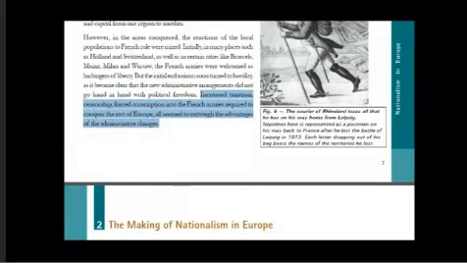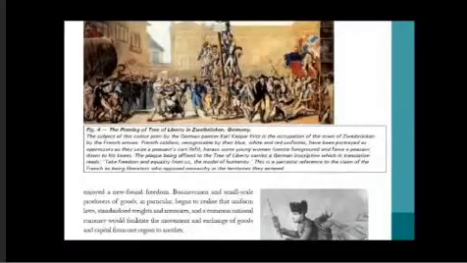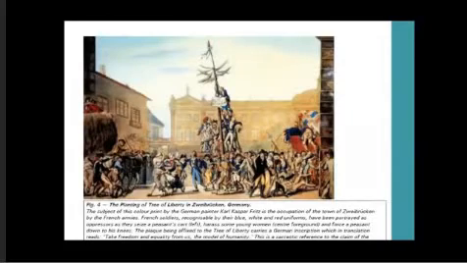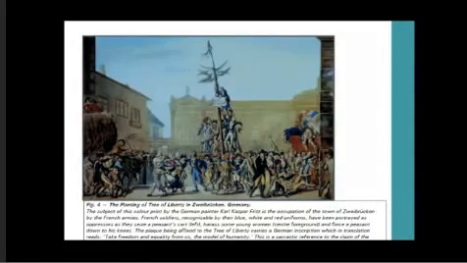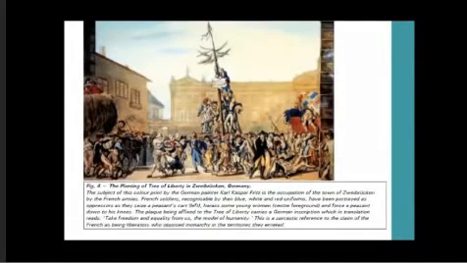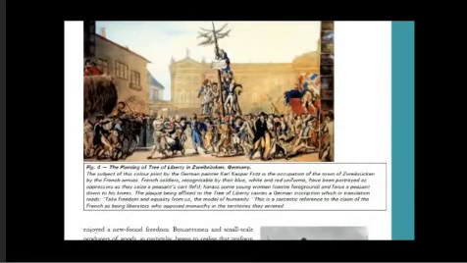Here it says, however, in the areas conquered, the reaction of the local population to French rule was mixed. Initially, in many places such as Holland and Switzerland, as well as in certain cities like Brussels, Mainz, Milan, and Warsaw, the French army was welcomed as harbingers of liberty, as I told you earlier. But the initial enthusiasm soon turned into hostility. How? As it became clear that the new administrative arrangements did not go hand in hand with political freedom.